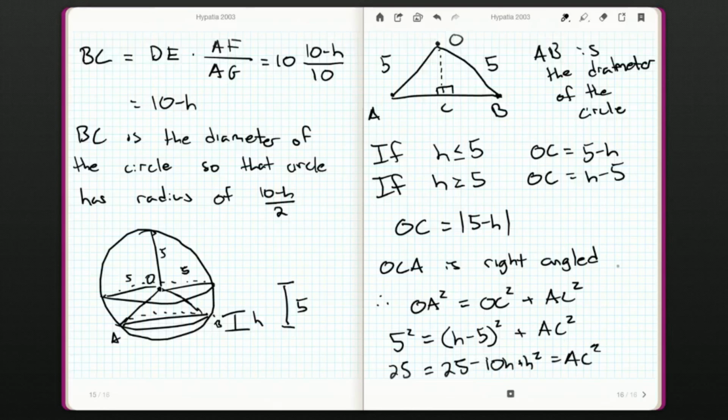So OC squared plus AC squared equals 25. AC is a radius. Well, we know the radius of the one circle, the circle coming from the cone. If we can figure out what AC is, we'll know the radius of the circle coming from the sphere.